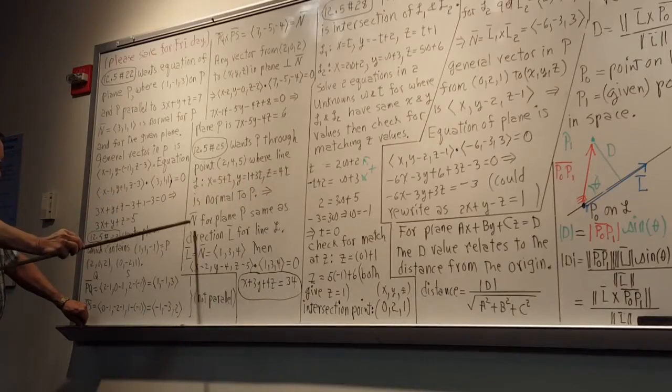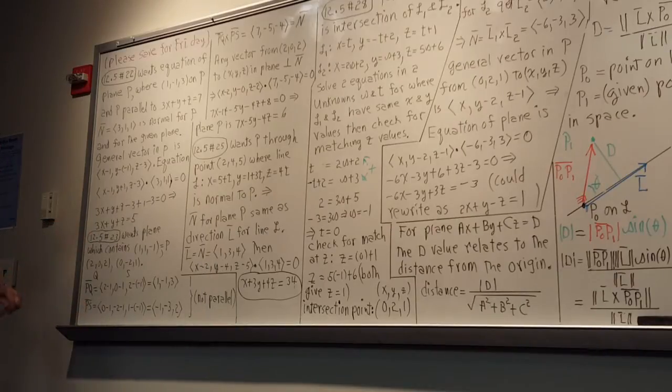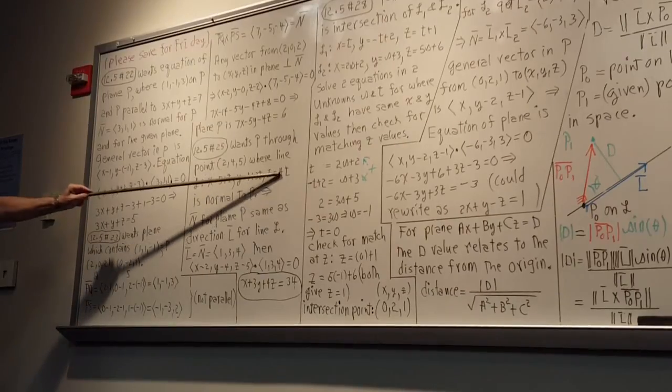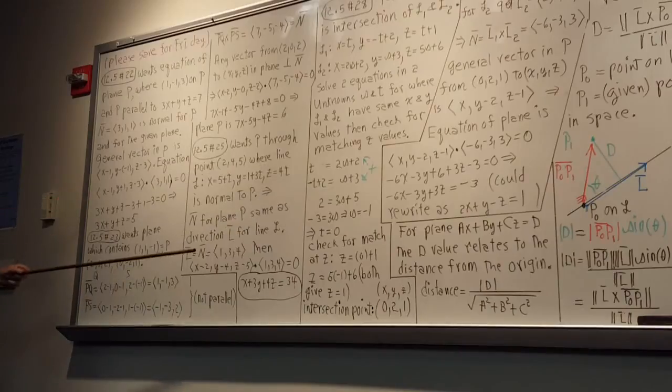So if this line is also the normal to the plane, that means that the normal vector for the plane is also going to use 1, 3, and 4 for its attitude numbers. In other words, I'm using 1, 3, and 4 as small letters a, b, c for the line, and big letters A, B, C for the plane.